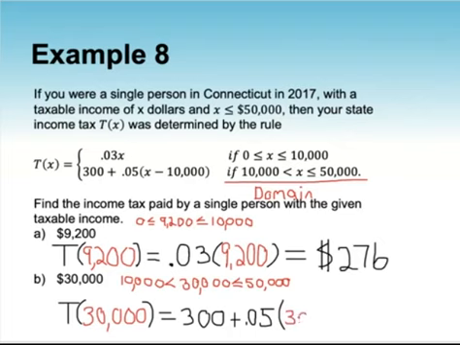We have 30,000 minus 10,000. That's going to equal $1,300.